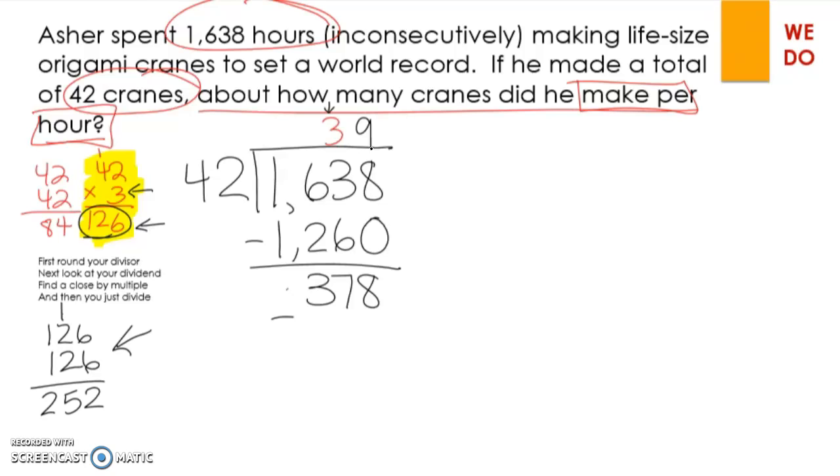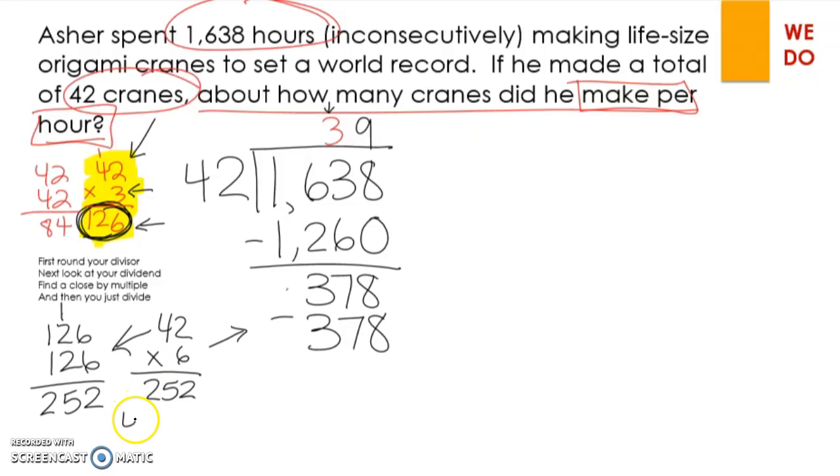What is 9 times 42? It is 378. Miss Addison, how did you come up with that? Well, look, if 42 times 3 is 126, and then 42 times 6 is 252, and when I subtracted over here, I had 126 left, then that means that 42 times 9 is 378.